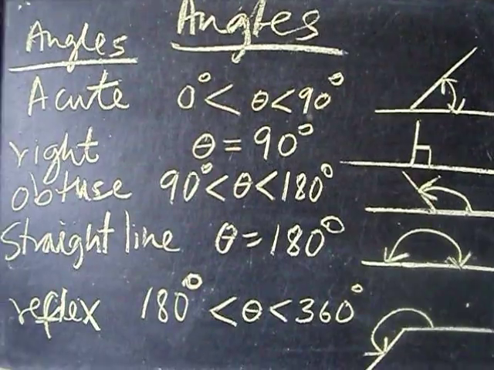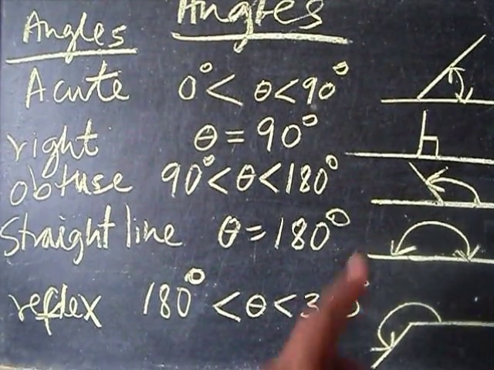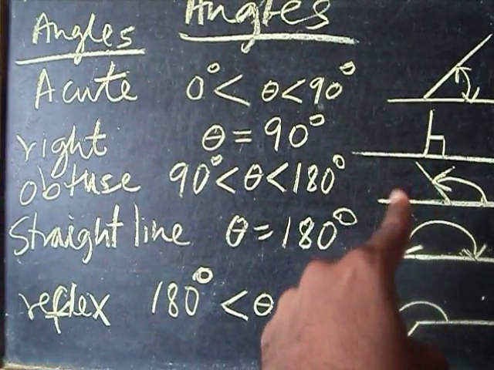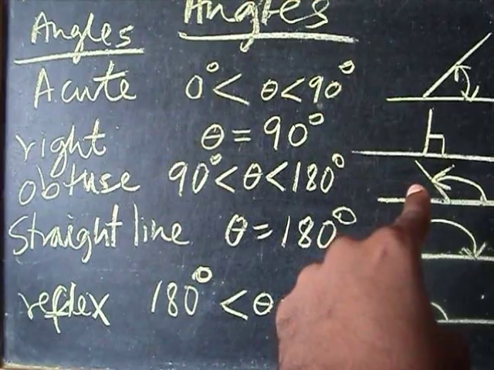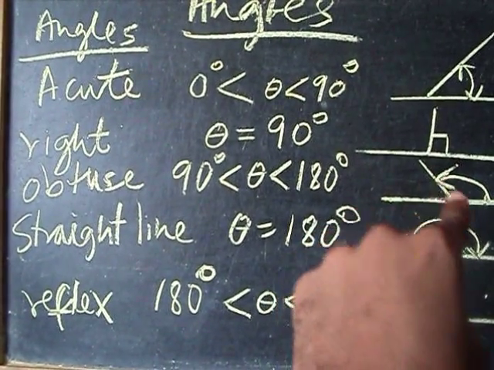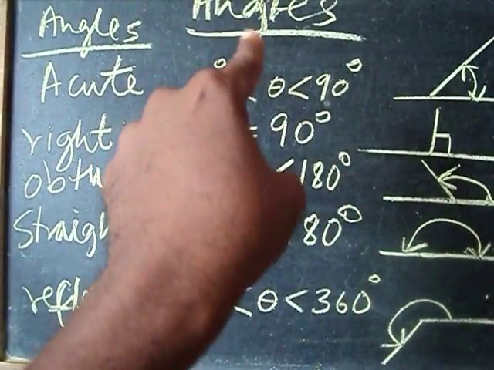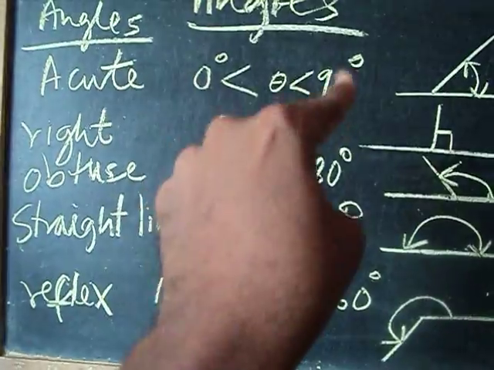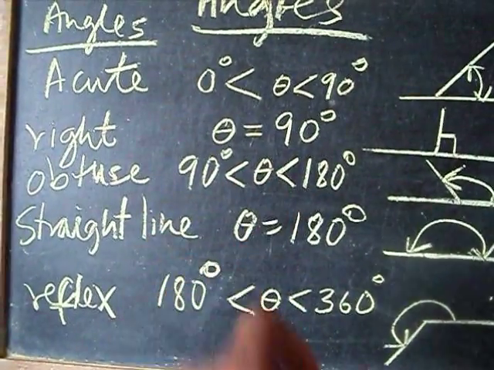Let us move on to the obtuse. The obtuse angle is between 90 and 180 degrees. So you have an angle coming there like this. This is obtuse. You can have a straight line and it goes like that. That will be obtuse. Straight line and it goes like that, then the angle here will be obtuse.